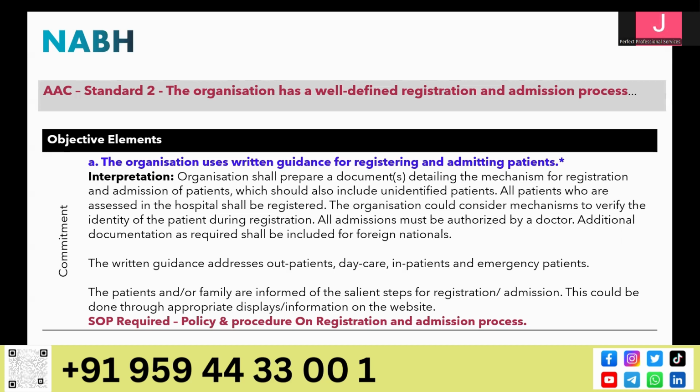The patient and family are informed of the salient steps of registration and admission. This could be done through appropriate displays and information on the website. What it means is, whenever your patient or family is there, you have to inform them of the steps of your admission or registration process.